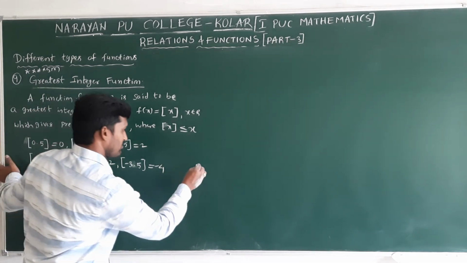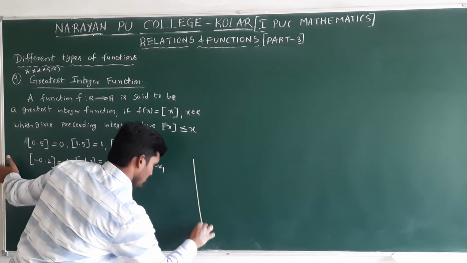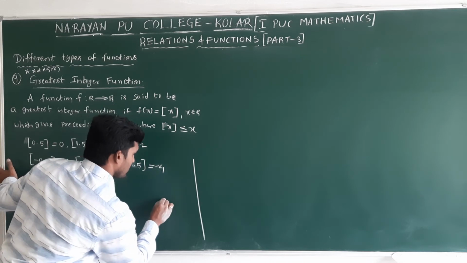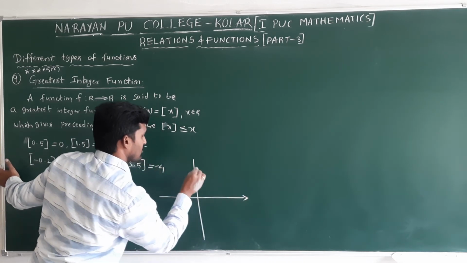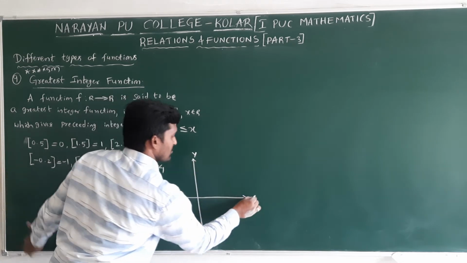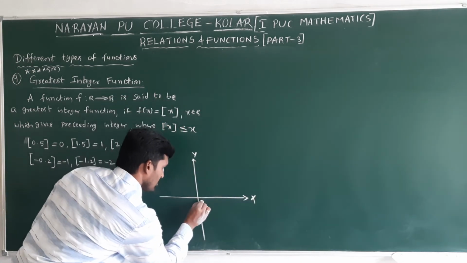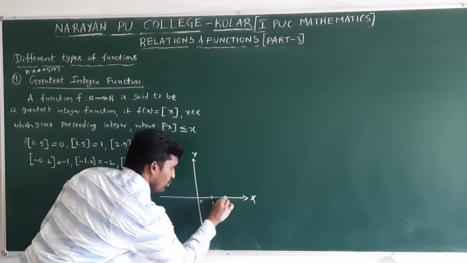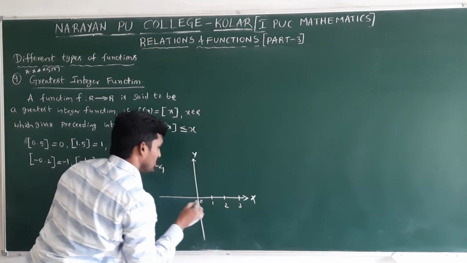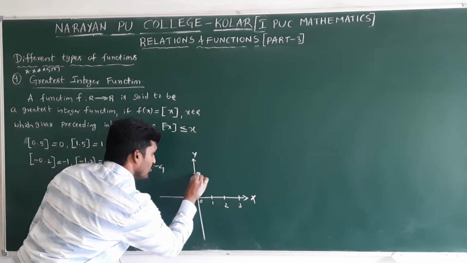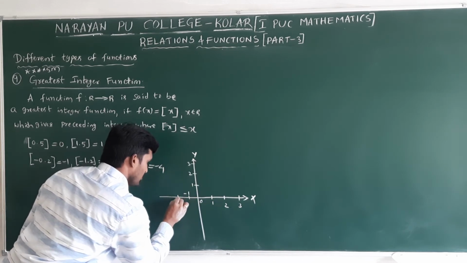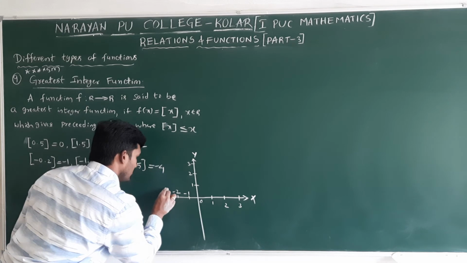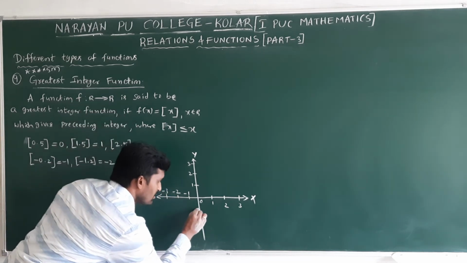Coming to the graph. 0, 1, 2, 3. 1, 2, 3. Minus 1, minus 2, minus 3.